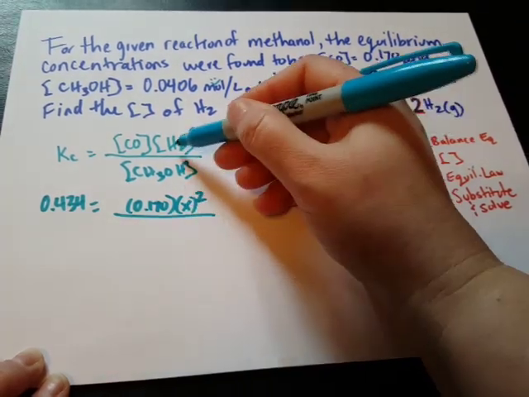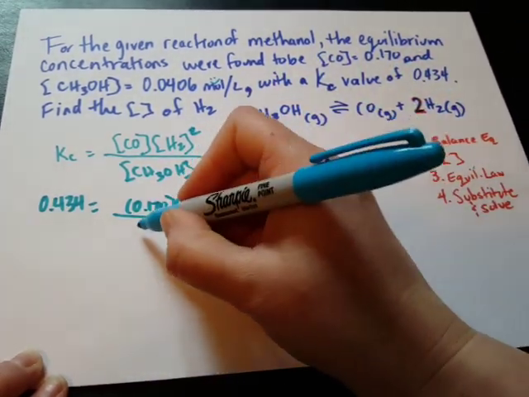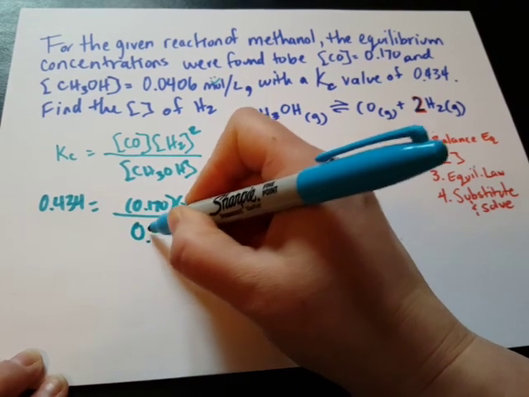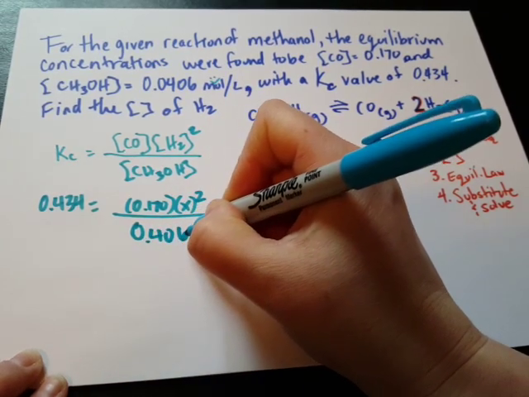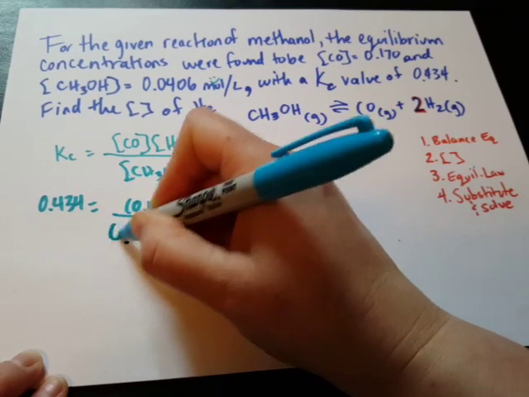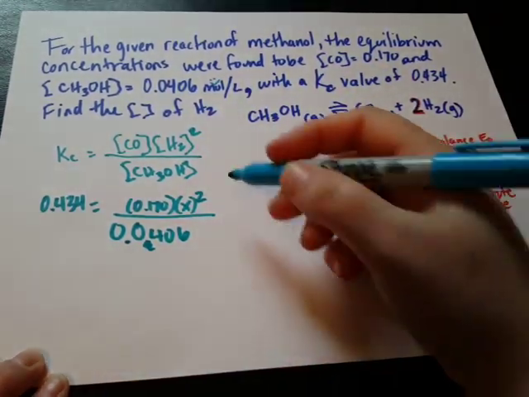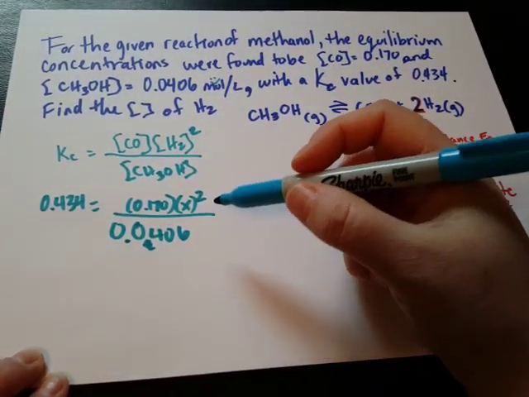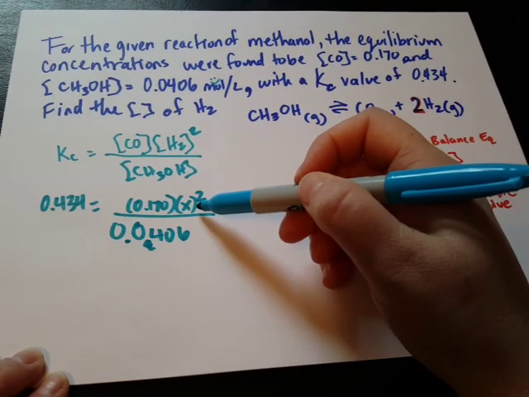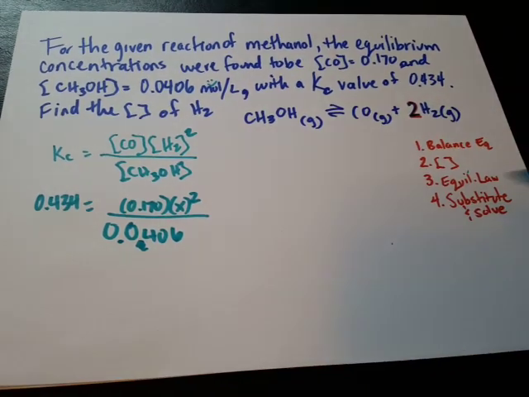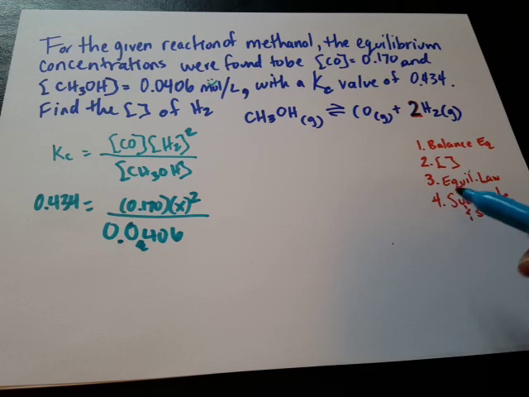So the x squared is the thing that we're trying to find. And so ultimately we want to get x alone on one side so that it's just 1x.